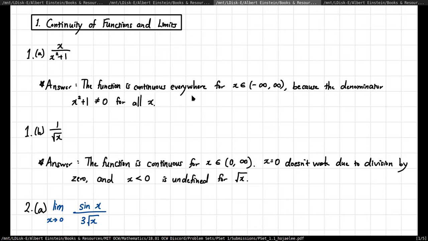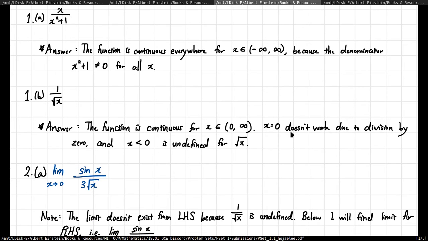So the second question is 1 over square root of x, and Hoji's answer is that this function is continuous for all x greater than 0, not including 0, all the way till infinity. Again, x equals 0 does not work due to division by 0, of course, and x less than 0 is undefined for square root of x because it's going to be imaginary.